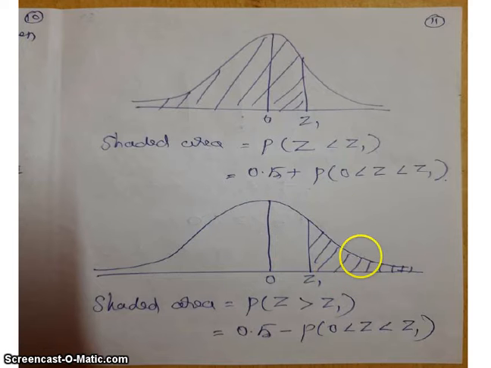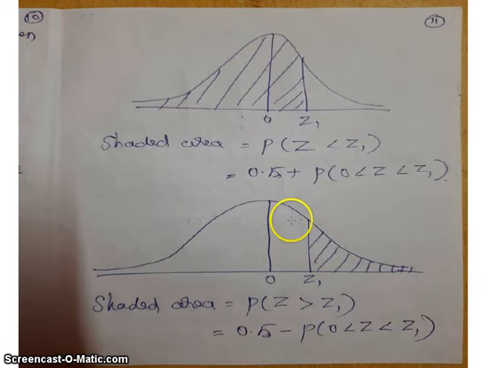From that, if you deduct the area from 0 to z1, the remaining is the area of this portion. Total area on the right side from 0 is 0.5.